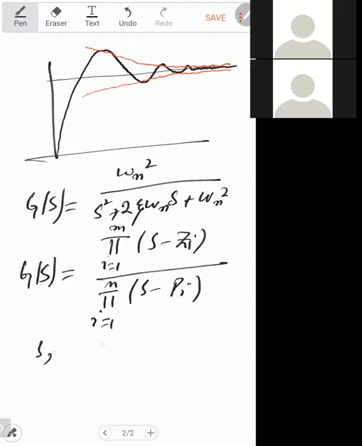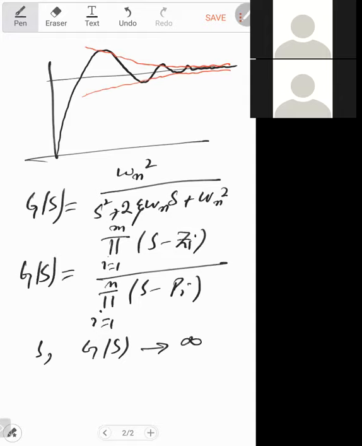Those values of s for which G(s) approaches infinity, we call the poles. So the denominator polynomial will give us the number of the poles.